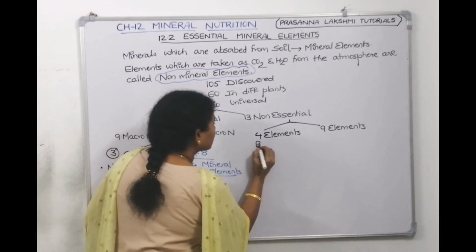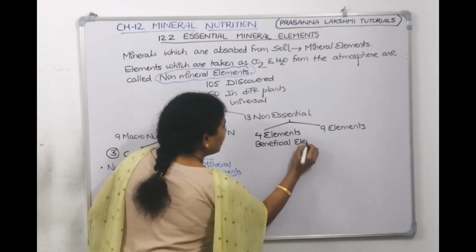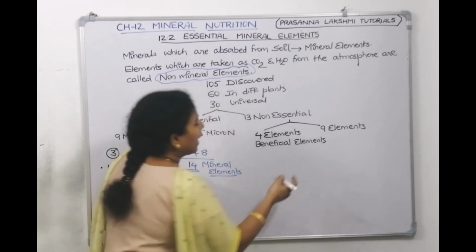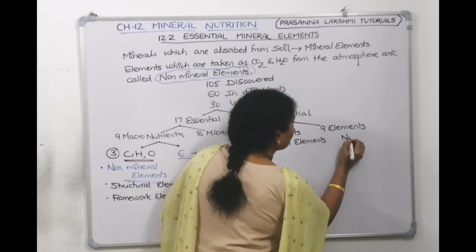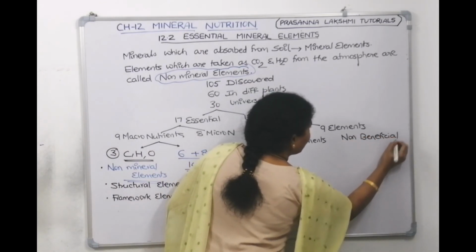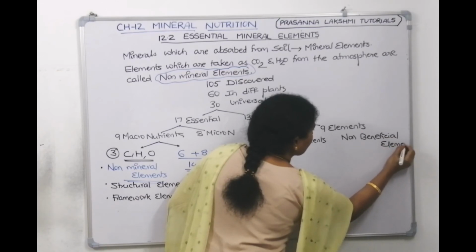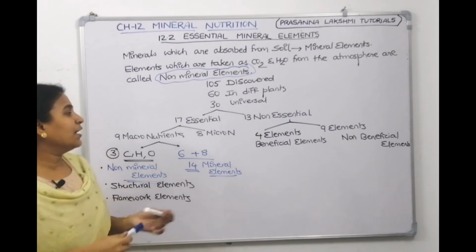What are the 4 elements called? Beneficial elements. And the remaining 9 are called non-beneficial elements. What are the 9 called? Non-beneficial elements.